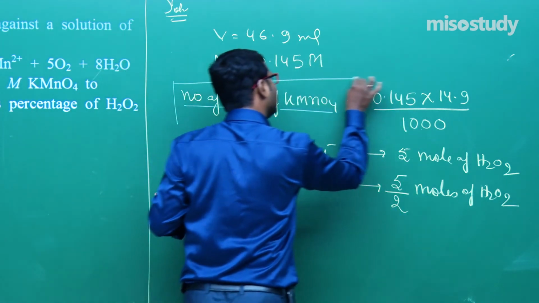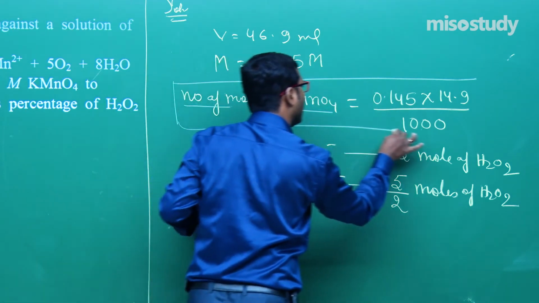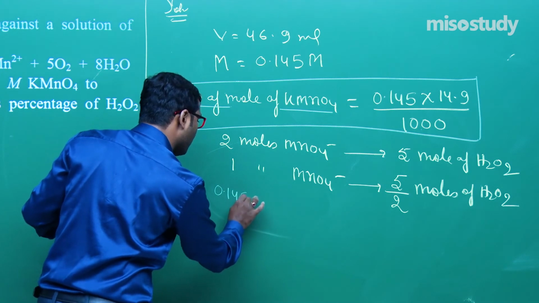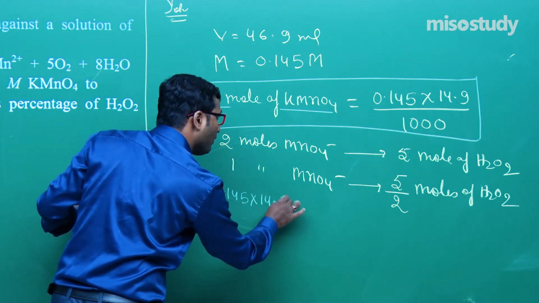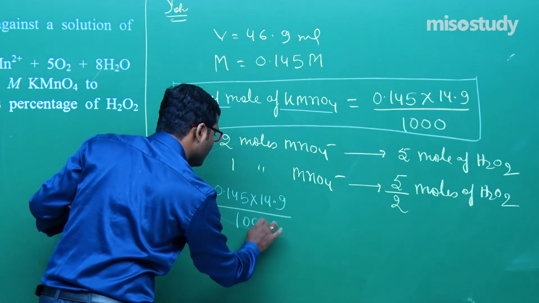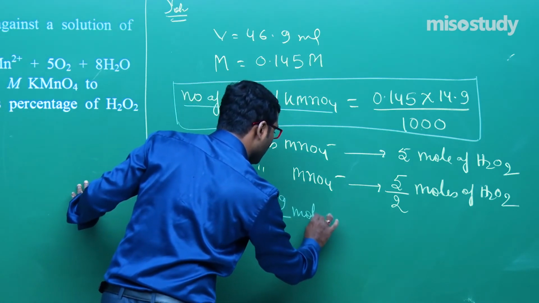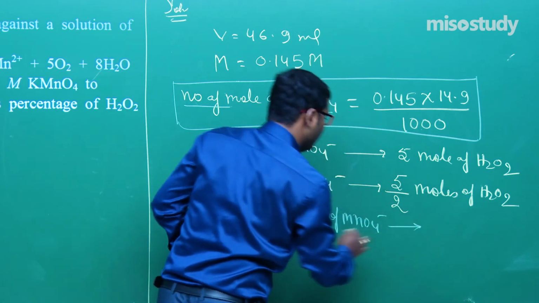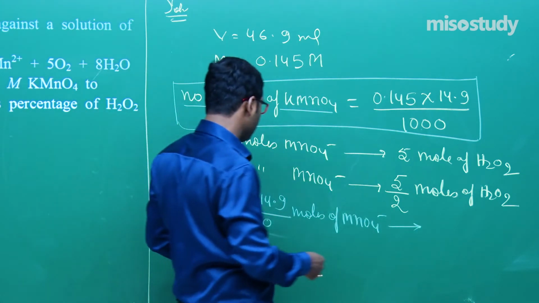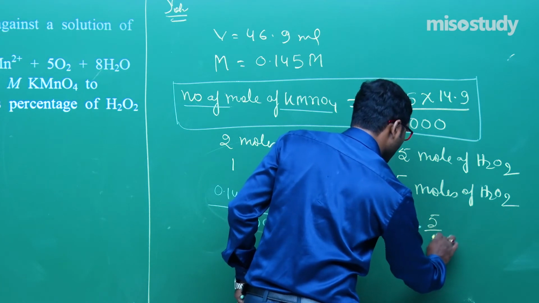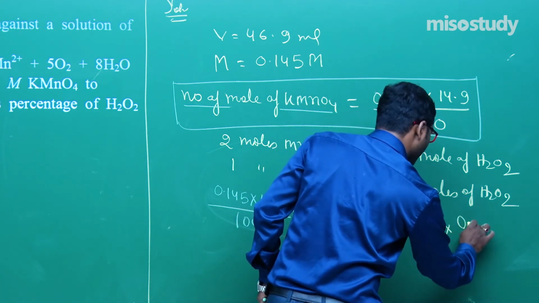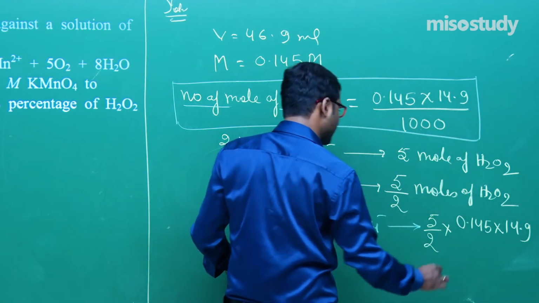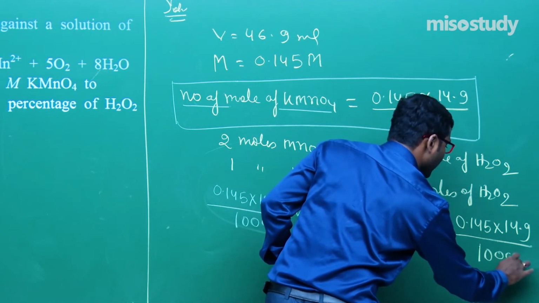Therefore 0.145 multiplied by 14.9 divided by 1000 moles of MnO4 minus combine with 5 by 2 multiplied by 0.145 multiplied by 14.9 divided by 1000 moles of H2O2. Clear to you?